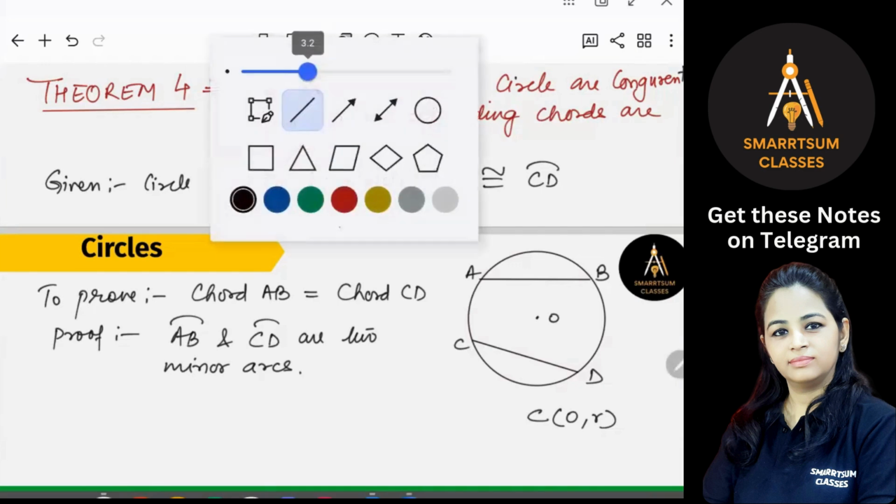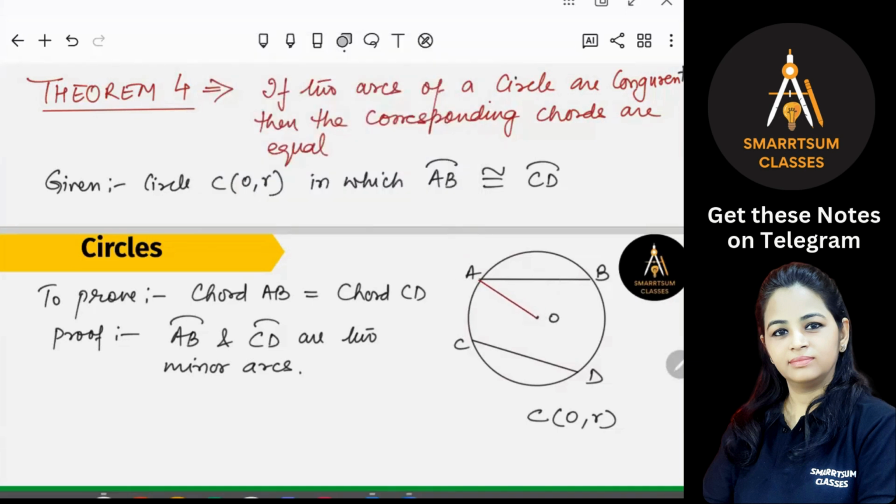We will do a construction here. We will join OA, OB, similarly OC and OD, joining all these points with the center O. So write down: join OA, OB, OC and OD.